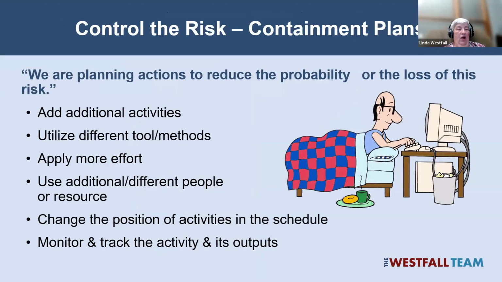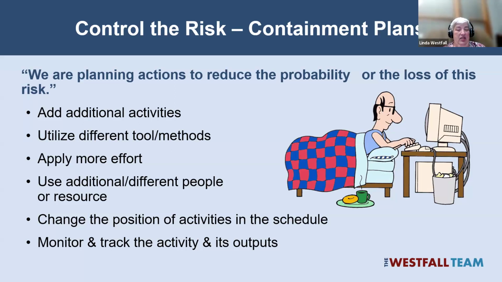We can apply more effort or additional or different people. Instead of having a junior level person write the code, which may make that section of code more risky, if it's safety or security related code, you may want to put a senior person on it and let the junior person do the code that's a lot less risky.